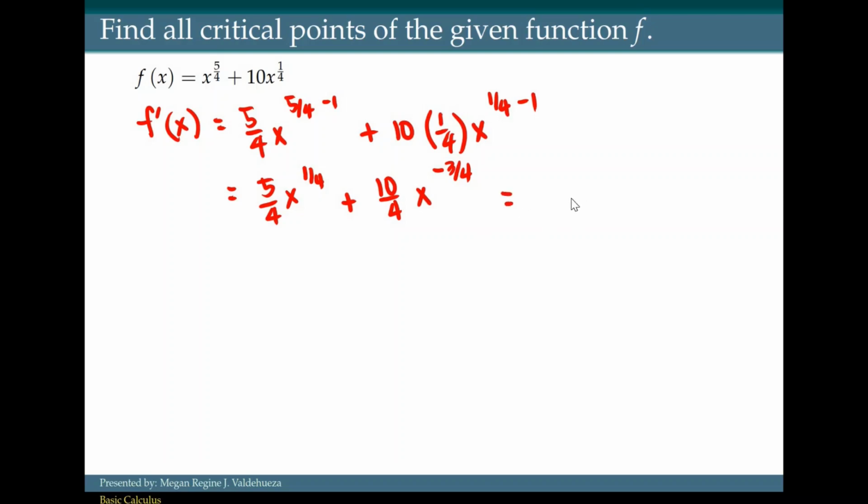Or we can write this as 5 over 4 x to the power of 1/4 plus 10 over 4. We will put this below. So this becomes our denominator, x to the power of 3 over 4, to make it a positive exponent.